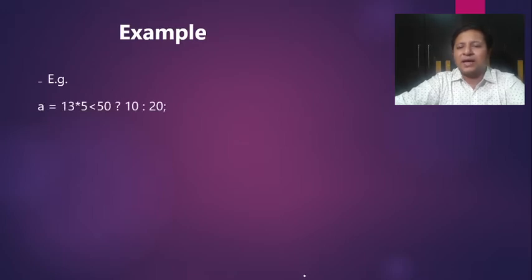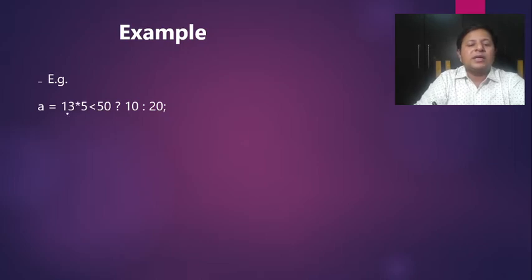Let us look at the example. To start with, a very simple example. I've just played with numbers so you will understand it better. You can see 13 into 5. What is 13 into 5? Obviously 65. Is 65 less than 50 true or false? Obviously false, 65 is not less than 50.